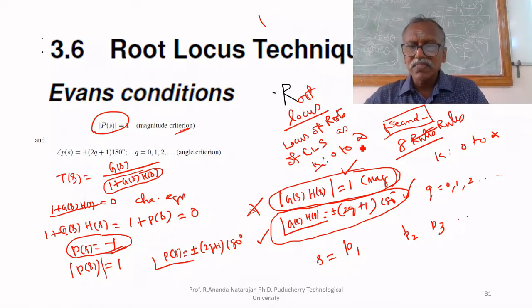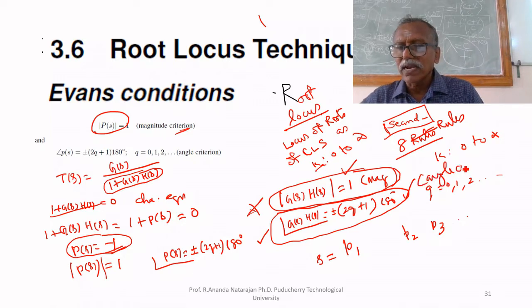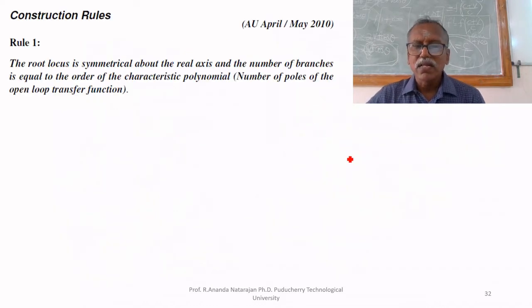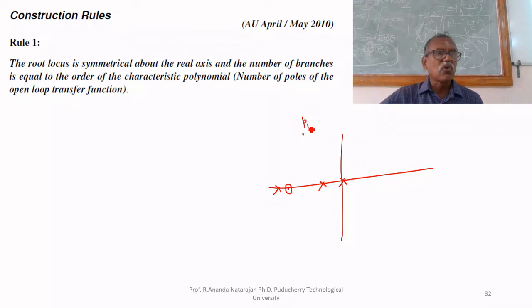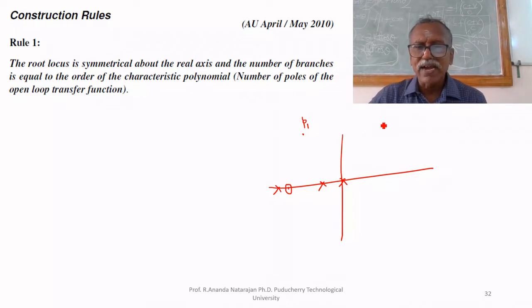This second criterion is called the angle criterion. Suppose I have some poles: one pole here, another pole here, another pole here, and a zero here. Suppose I want to check whether this point P1 is on the root locus or not. For that, I have to apply the angle criterion, the angle of G of s H of s.